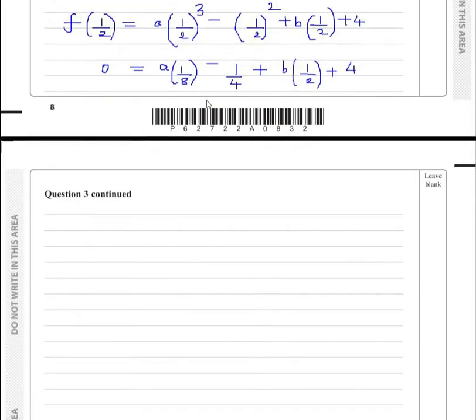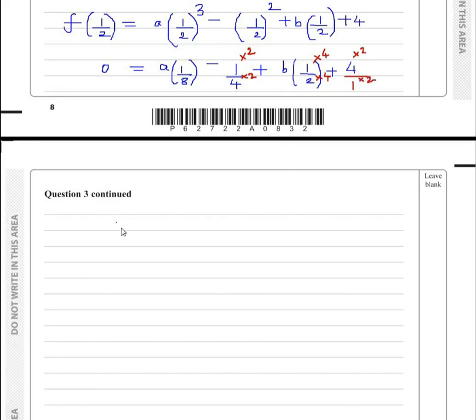Let us simplify this further. We can take the LCM of all of these. So we can multiply this with 2, this with 2, this with 4, this with 4. Here, since the denominator is 1, we can multiply it with 2 and here with 2.